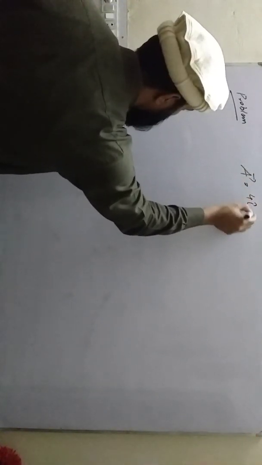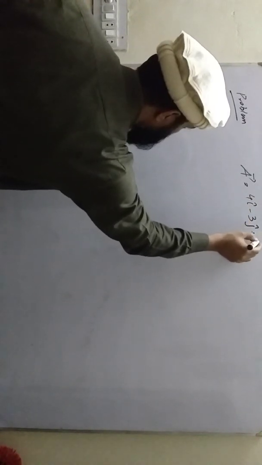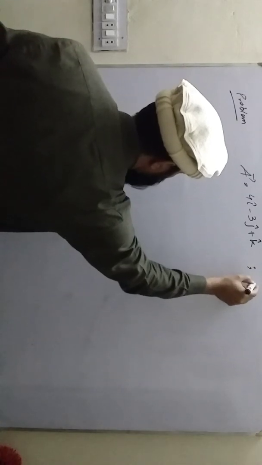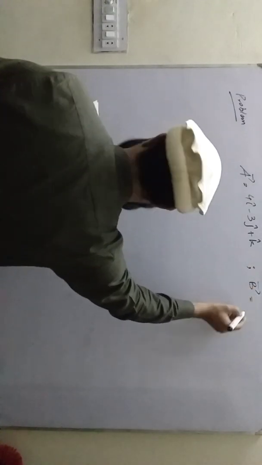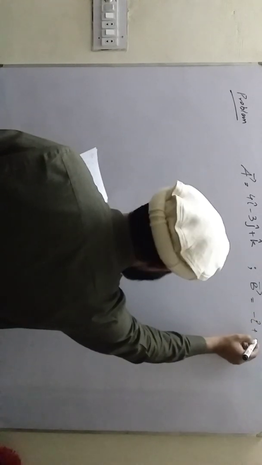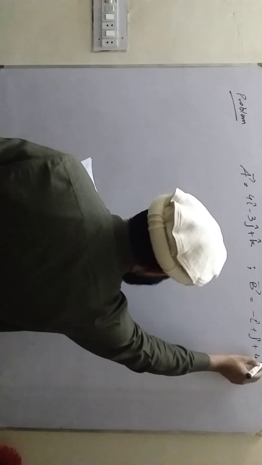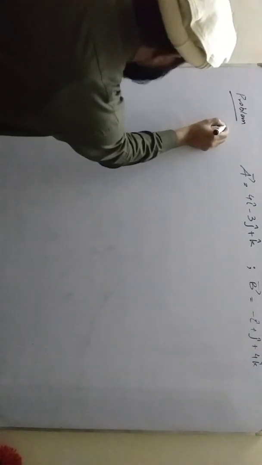Vector A is 4i minus 3j plus k, vector B is minus i plus j plus 4k. There are three parts.